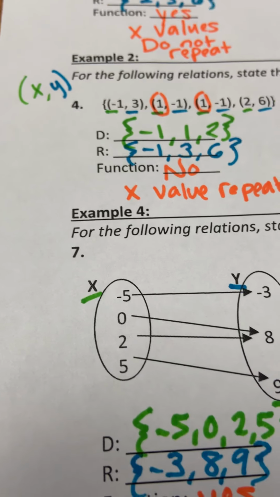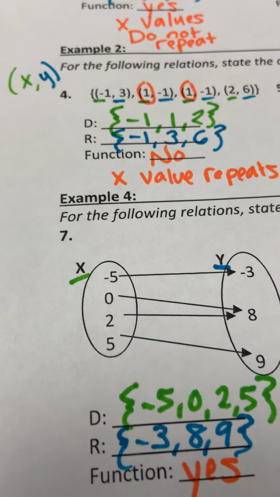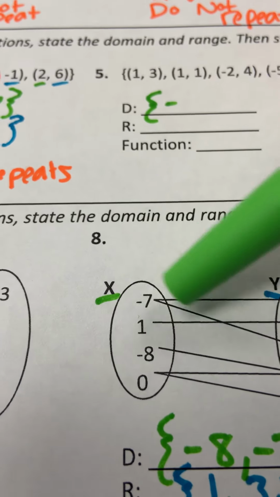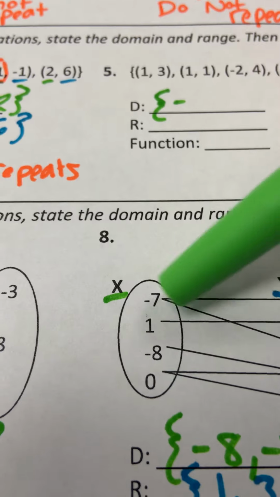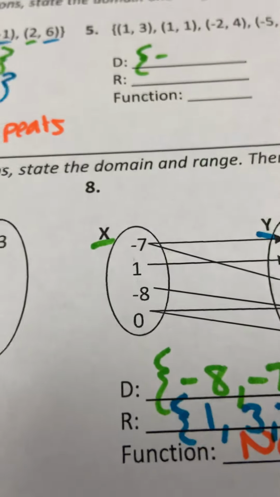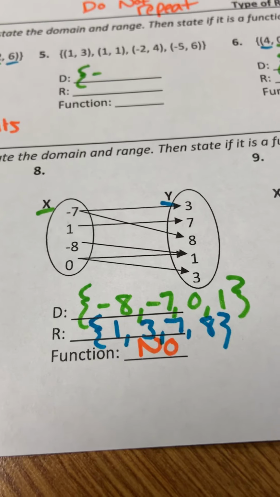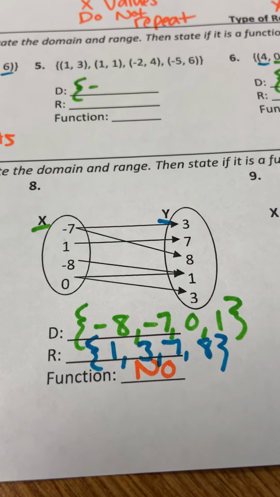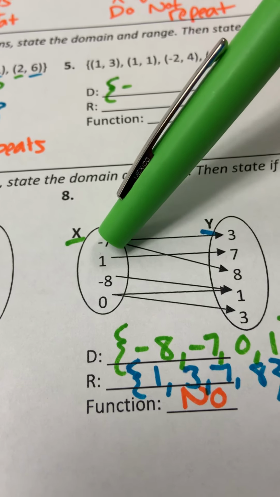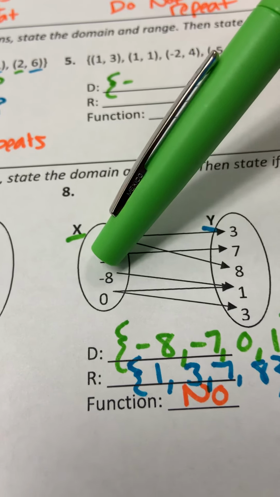So an example of something that's not a function in a map relation is this one. There are 2 arrows coming out of this -7. So the domain for number 8 in order from least to greatest would be -8, -7, 0, and 1.